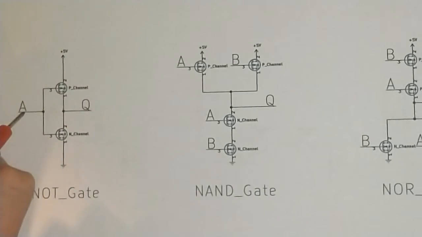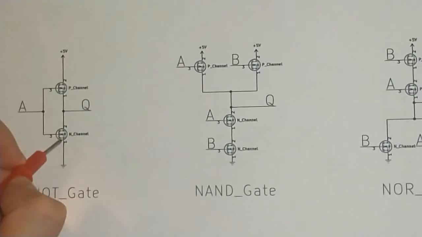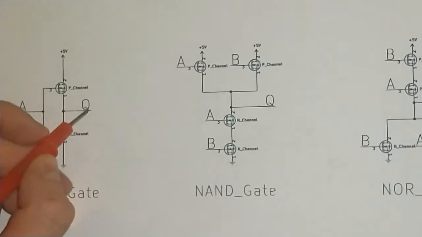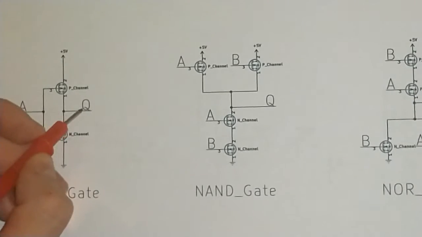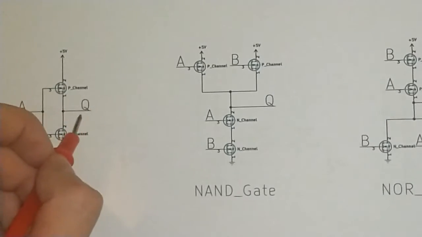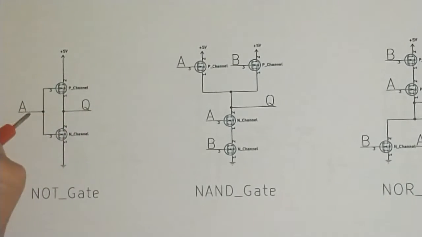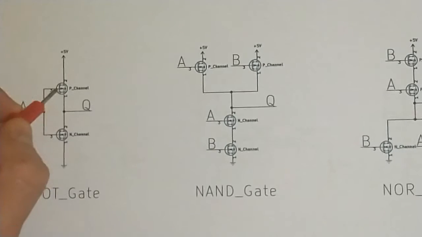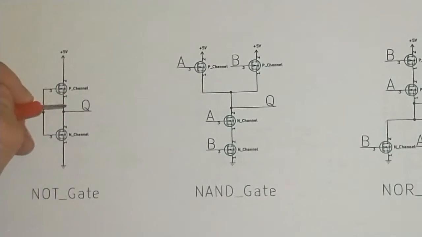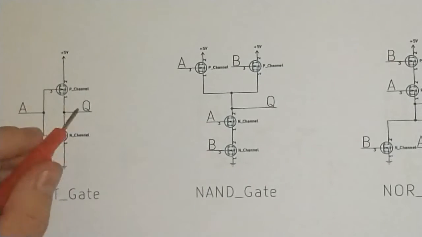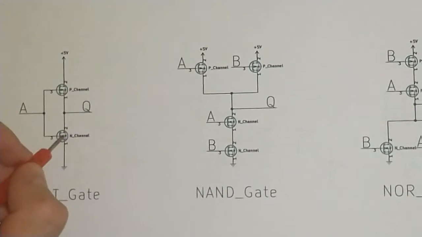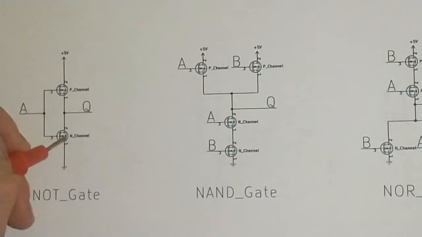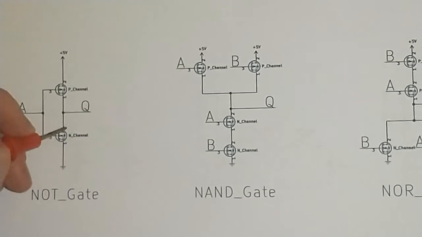So when you have this high, this is conducting like this, which means this is gonna be connected to ground, which means this is low because it's at ground voltage. And when this is low, this means this is conducting, which means there is a path from the 5 volt power supply to Q, which means this is high, and then this is acting like an open circuit, so this is low, and there is no path to ground.